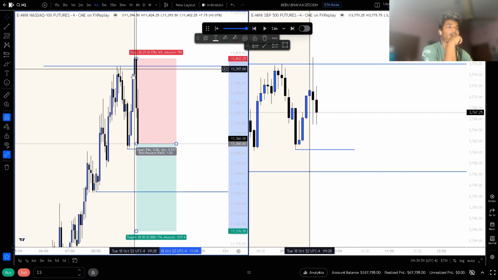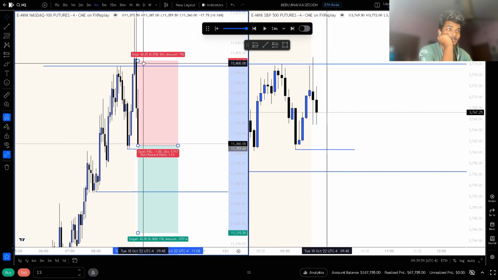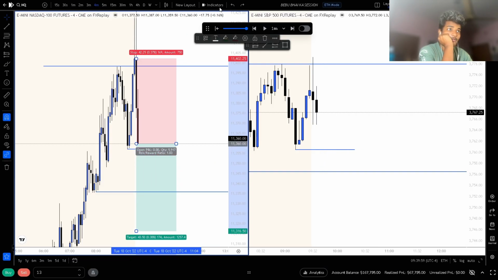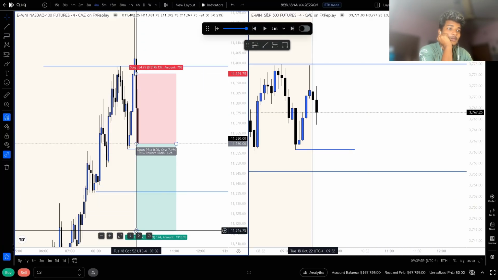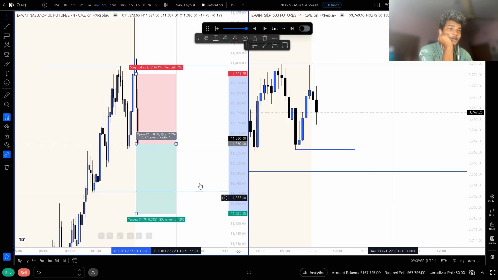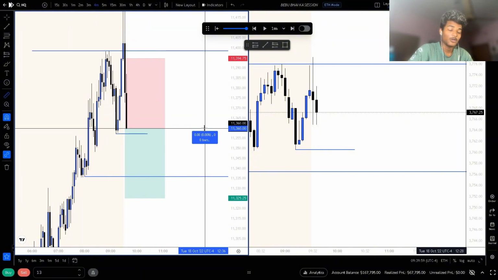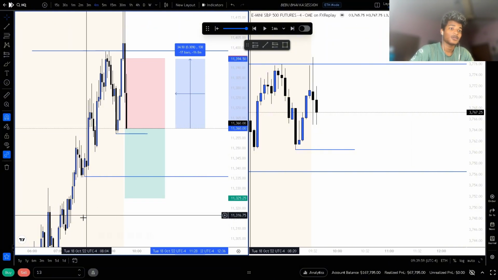We have a BPR at this point of time, so I don't feel like the market will come up and take out my SL if my SL is here, and my break-even point is also very close, so I will just take this.